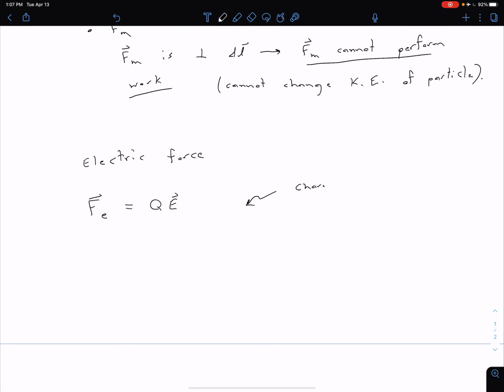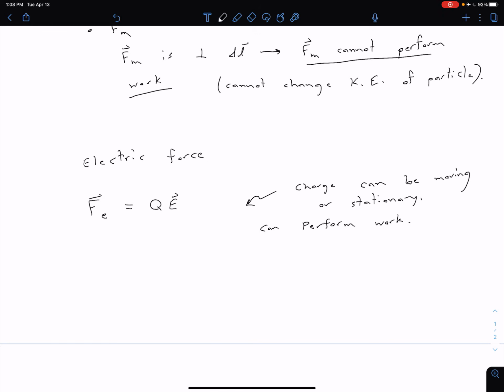So this charge can be moving or stationary, so no restriction like we have with our magnetic force. This electric force can also perform work, unlike our magnetic force. It doesn't necessarily perform work, but it can perform work.